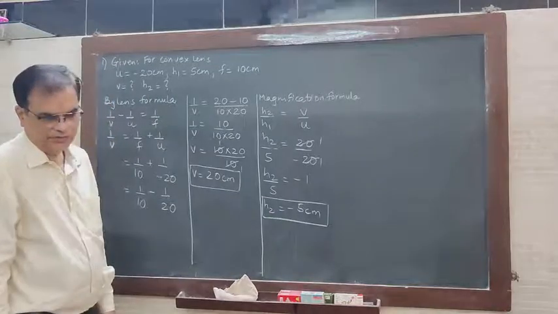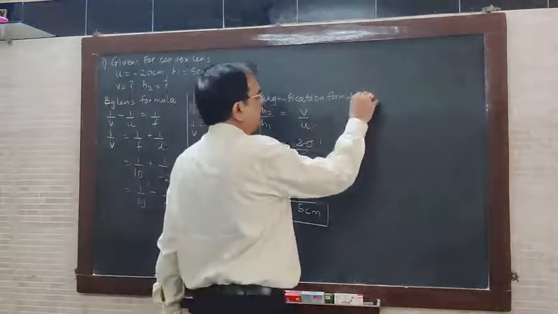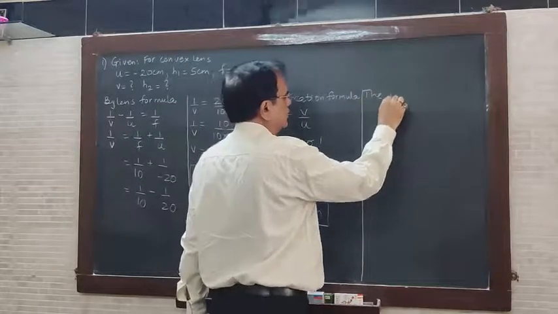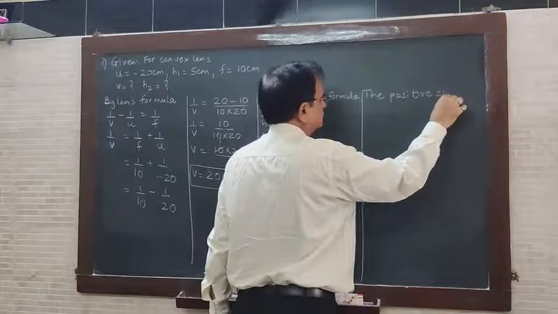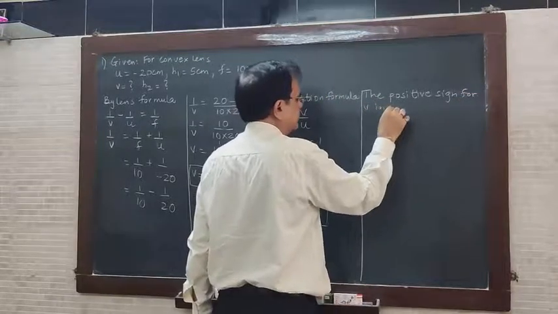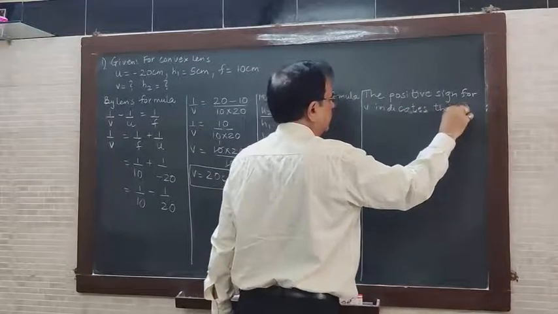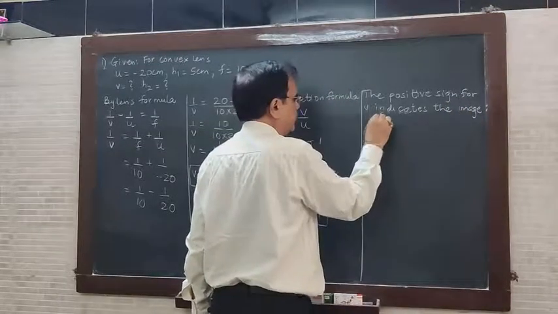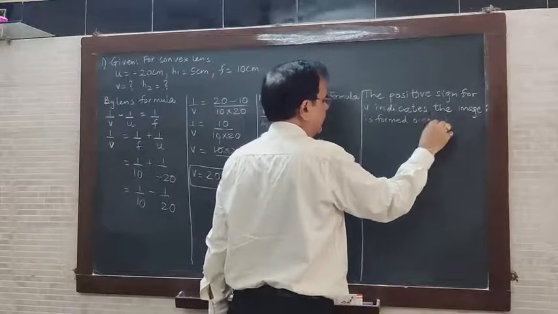Okay. Now you have to write what? You have to write the nature of the image. The positive sign for v indicates the image is formed on the other side of the lens.